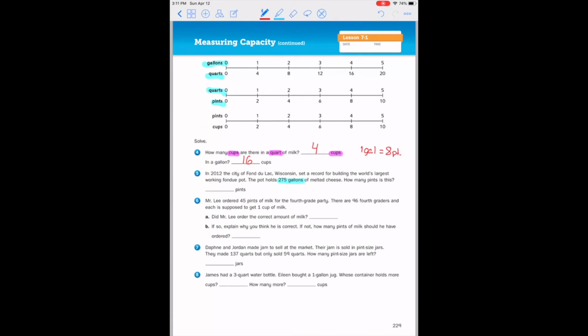So we're going to have to do some multiplication here. So we're going to have to multiply 275 times 8.